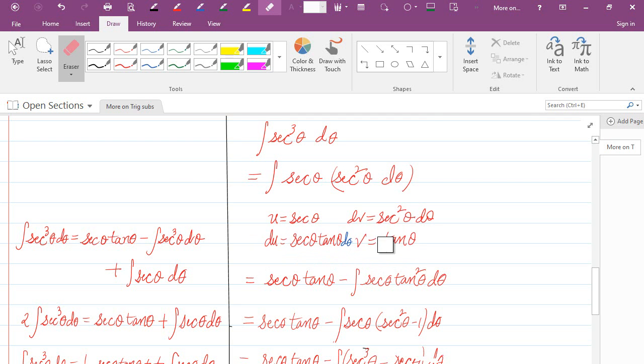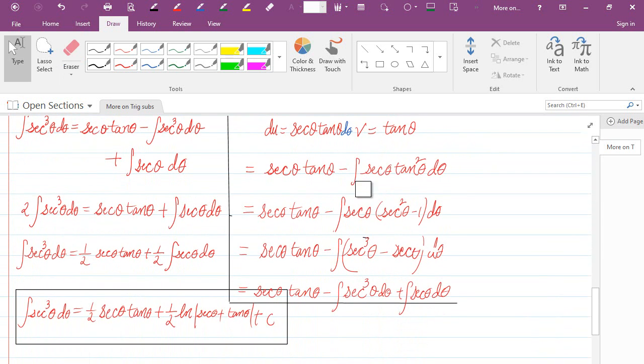So by using integration by parts, we get uv, which is secant tangent, minus the integral of v du. So v times du here gives you secant times tangent squared of theta d theta.